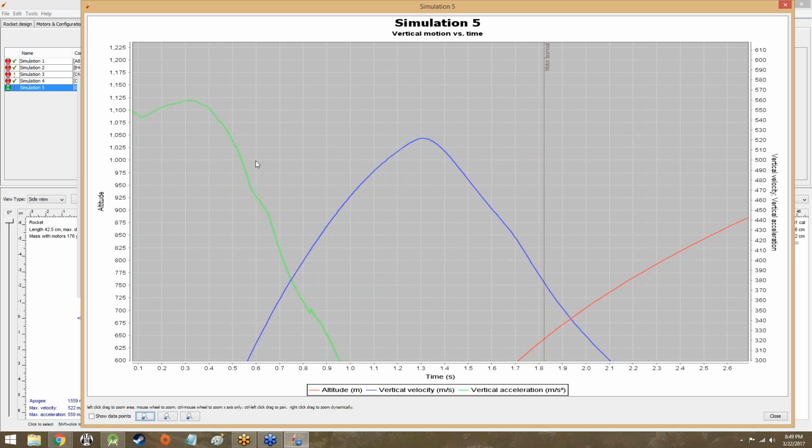Think about how fast this rocket is going at this point. Basically, it's breaking the sound barrier. There's a whole bunch of air that's built up in front of it, this air pocket, and it finally goes boom.